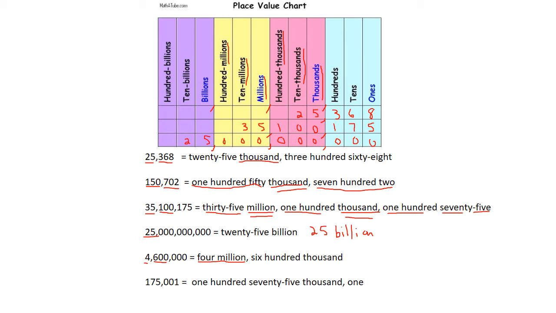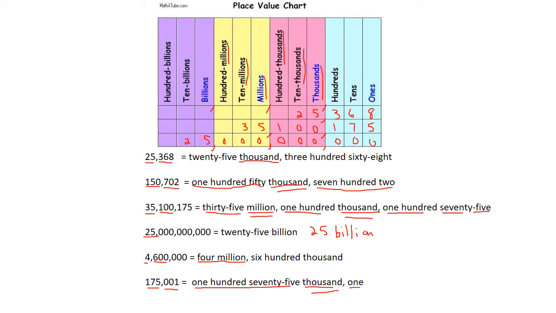In this last example, we have 175, and notice that that's in the thousands period, so we'd say 175,000, and then we would just put on the 1. 175,001. So when we write it, 175, stick on that 1,000 since we're in the thousands period, and then the 1. That's how we would write that all out.